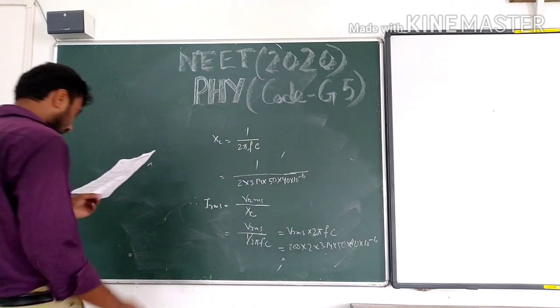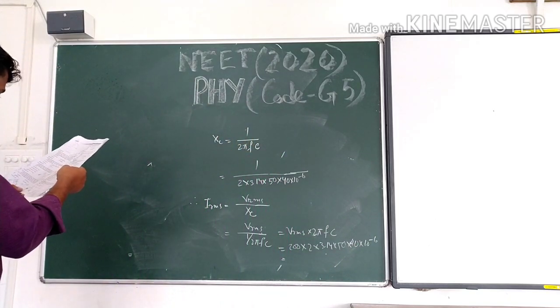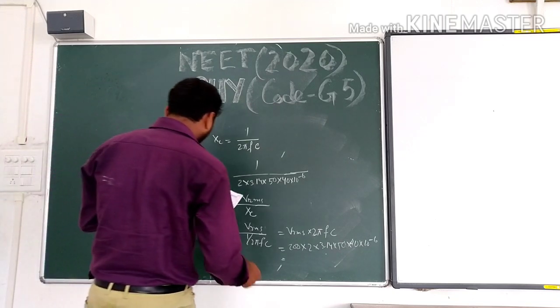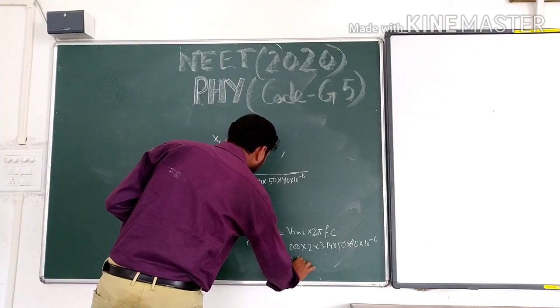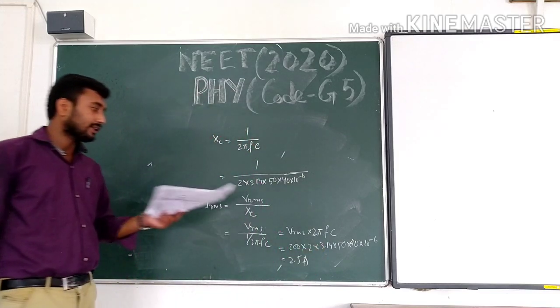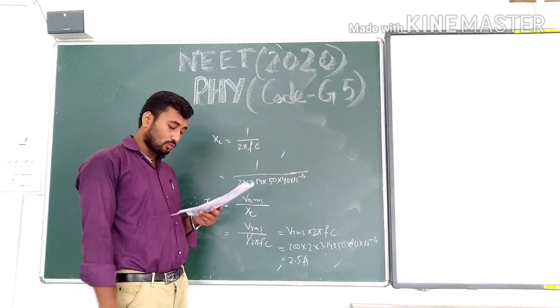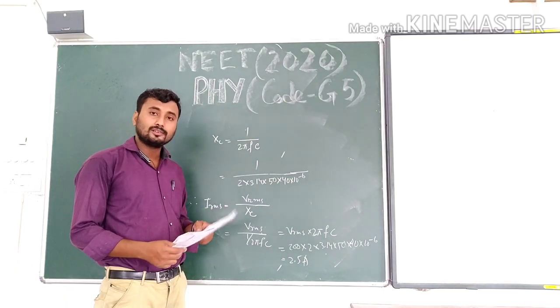So it will be how much? It will be equal to 2.5 ampere. Okay, after calculation you get the result 2.5 ampere. Okay.